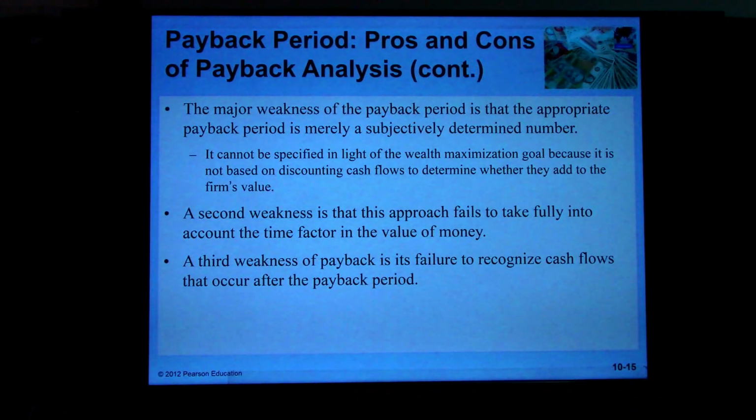However, the greatest weakness of the payback period is that it ignores the time value of money. As you see, we just sum the cash flow that comes at the end of the first year plus the cash flow that comes at the end of the second year, and we didn't take into consideration the impact of time on the value of money.